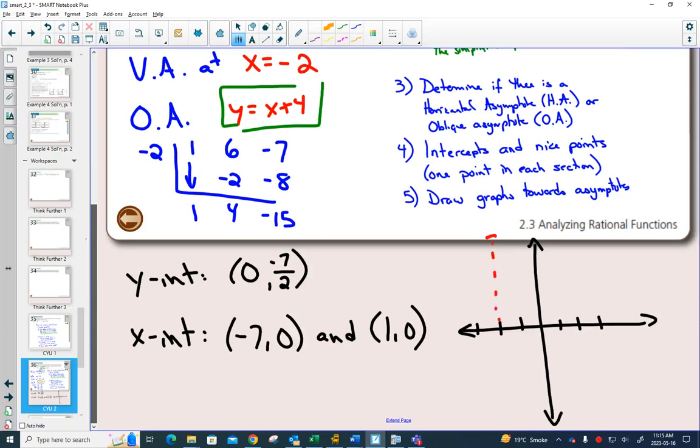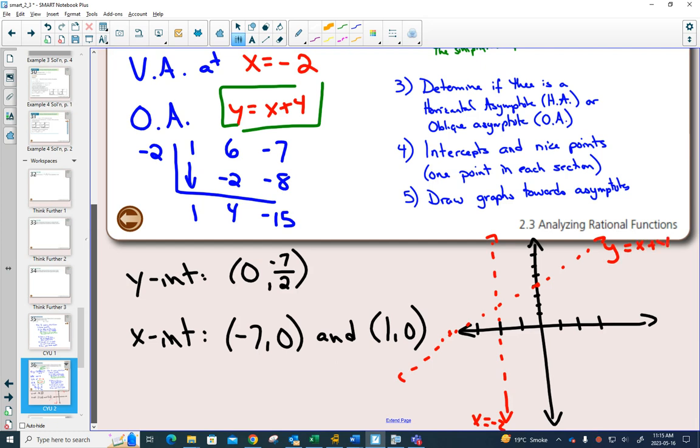The vertical asymptote is at x equals -2. Our oblique asymptote is y equals x plus 4.